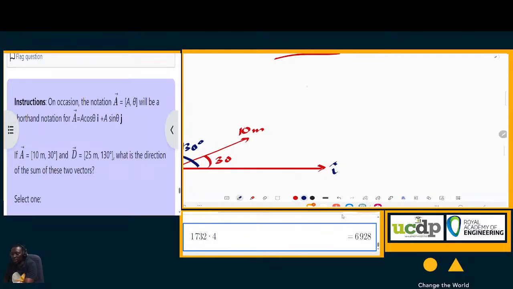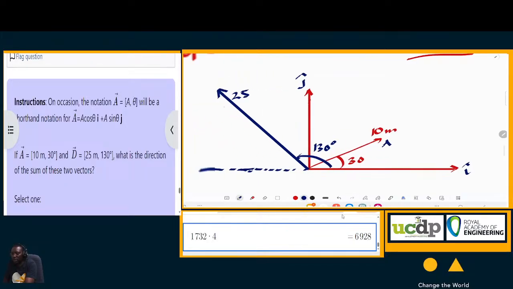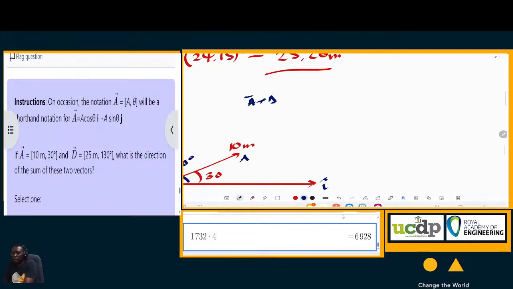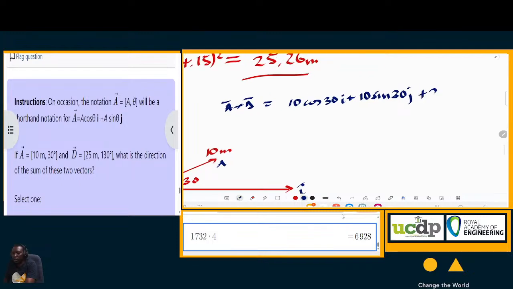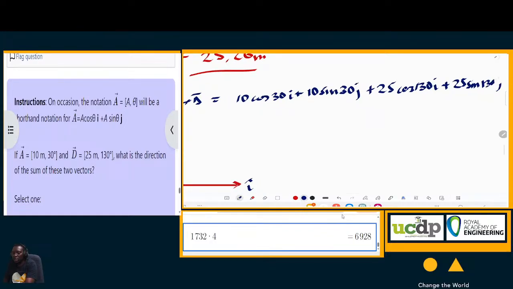So we said our components for A plus D. So this is vector A, this is vector D. And our A plus D is equal to 10 cos 30 i plus 10 sin 30 j plus 25 cos 130 i plus 25 sin 130 j.